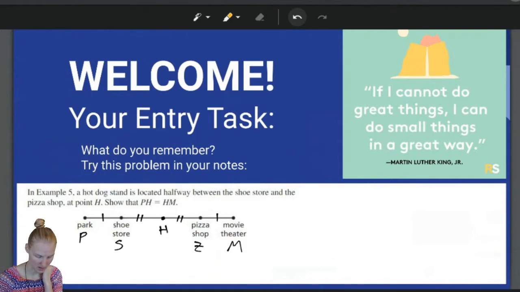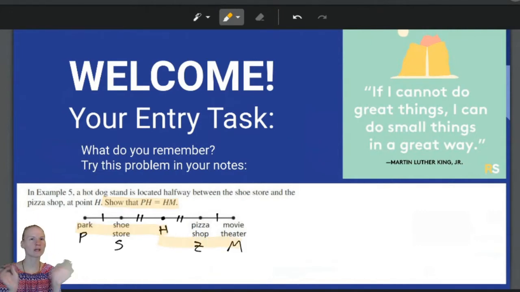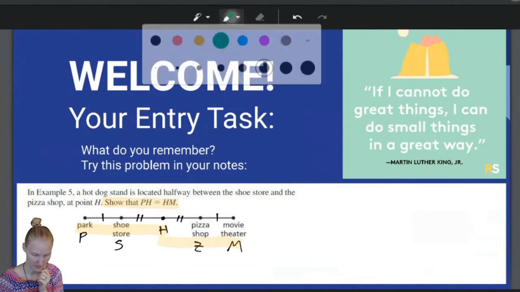And now we want to show that PH, the length of PH, is equal to HM. So PH is equal to HM. Do you believe this? Before we even start trying to show it, do you believe it? Well, let's get a different color.